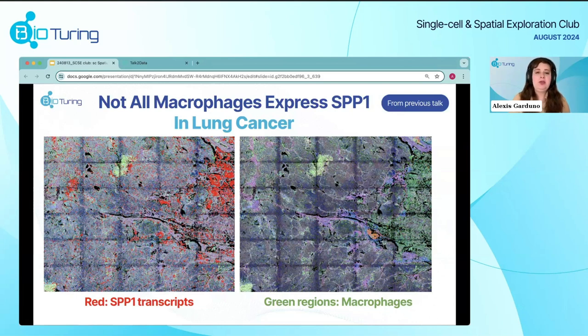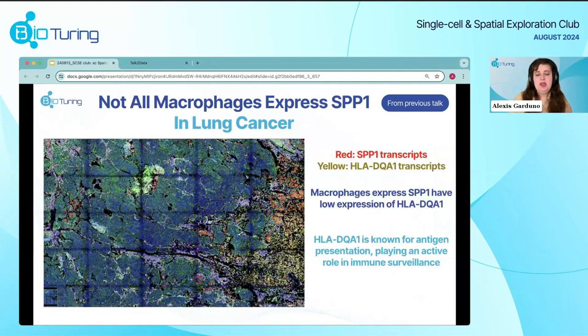However, when we're looking at the SPP1 transcript target on the tissue, it's overlaid across all the tissue in the lung. So it could be expressed in the normal adjacent tissue within these samples and not only the tumor microenvironment. This is something that we really want to understand and get further insights from other data, looking more deeply into that study.